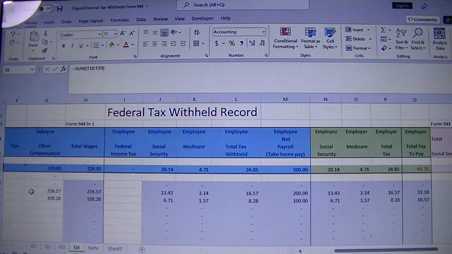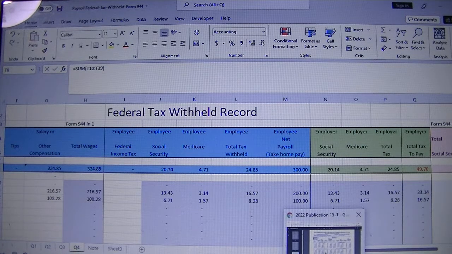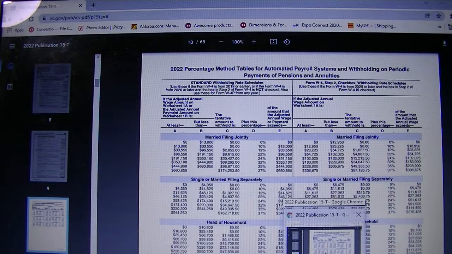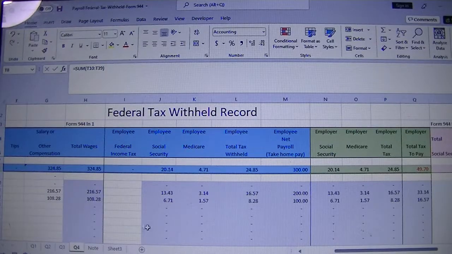So that's the way you will do it. Don't use the net that you pay yourself that went to your bank account to do the calculation. Back into it to see what portion should have been withheld from your income for you to be able to collect what you collected. And based on that gross, what the federal income tax withheld should have been as well. And you use the publication 15T to estimate it as well.